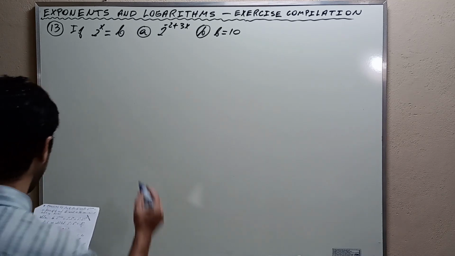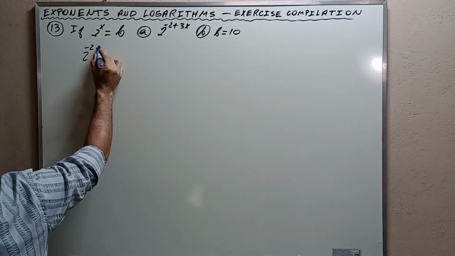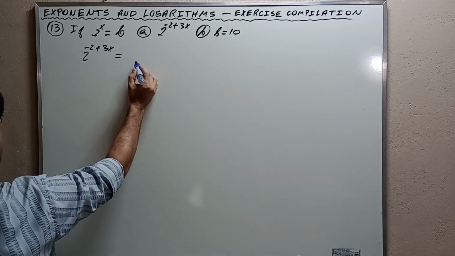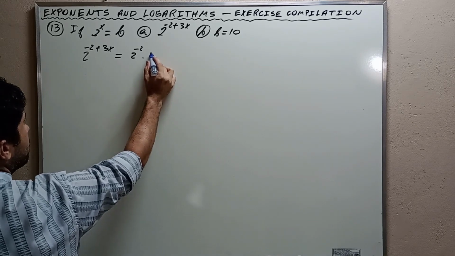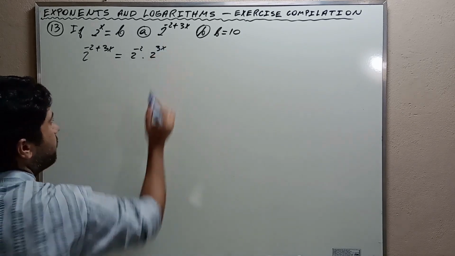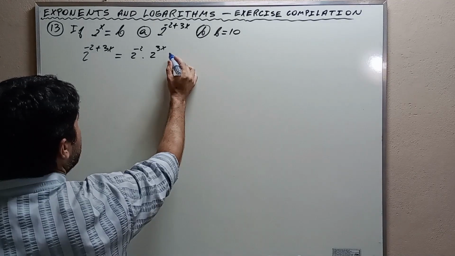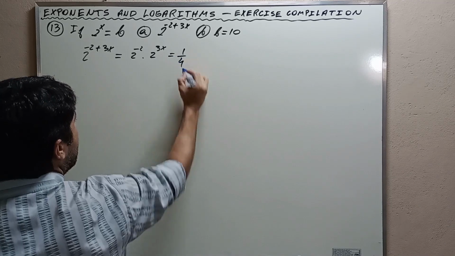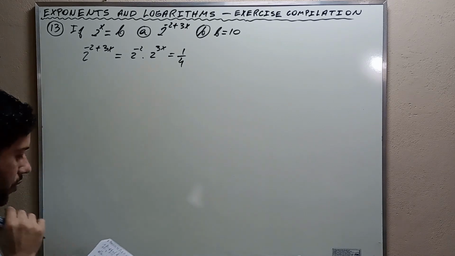Observe that 2 raised to the power of negative 2 plus 3x is equal to 2 to the negative 2 times 2 raised to the power of 3x. Okay? And 2 raised to the power of negative 2 is equal to a fourth. And how about this term here?